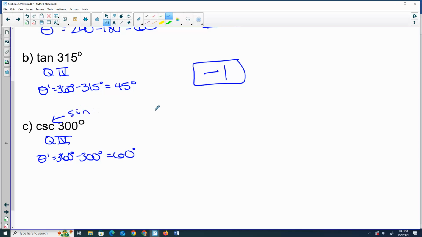So let's think about sine for a minute. In quadrant 4, is sine positive or negative? Negative. And then I'm thinking about the sine of 60. So the sine of 60, square root of the top over 2. So to get cosecant, what do we do to that? Flip it. So 2 over radical 3, so we get negative 2 radical 3 over 3.